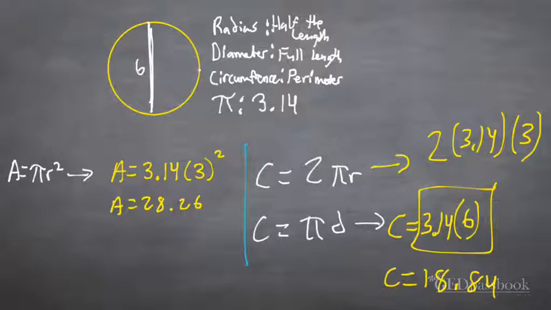My friends, do we see the pattern of finding the area and perimeter of 2D shapes? The pattern is pretty simple. Find out what they're asking for.